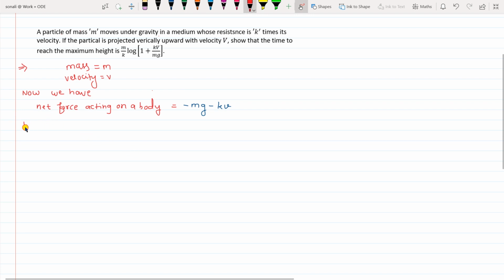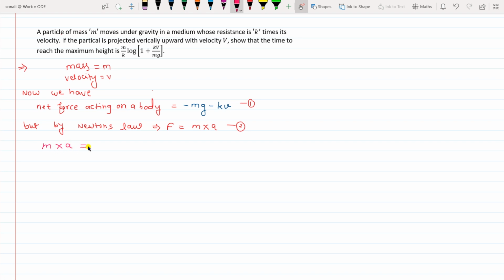But by Newton's law, force is given as mass into acceleration. So we can compare these two equations. With the help of these, we have the equation mass into acceleration is equal to minus mg minus kv.